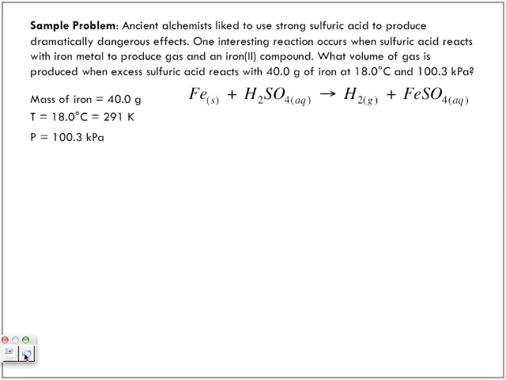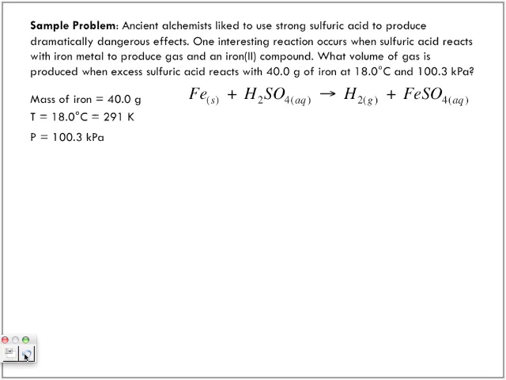Iron, in solid form, plus the sulfuric acid, in aqueous form, produces hydrogen gas and iron 2 sulfate, right? It's some kind of an iron 2 product, so you have to figure that out, and if you look at this, it's a single displacement reaction. So I've got a couple of our givens off to the side here.